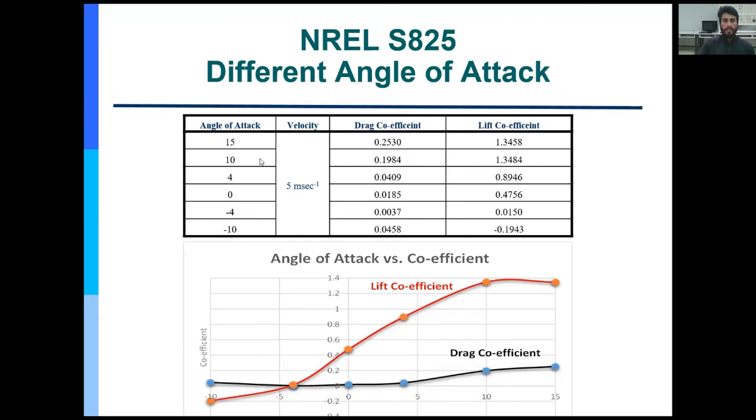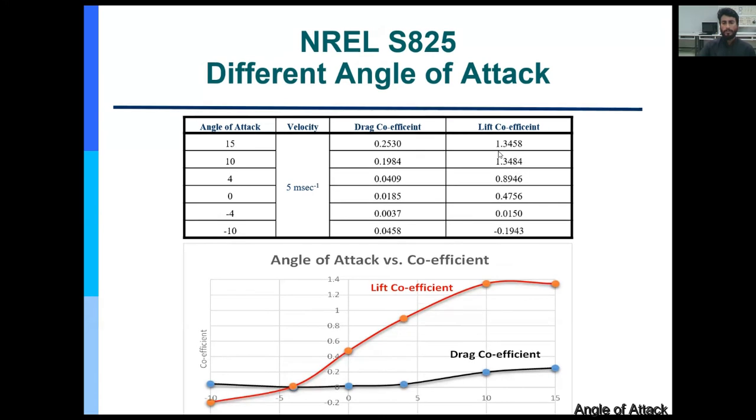And these are the results for NREL S825 at different angles of attack, and the velocity is 5 meters per second. These are the different angles of attack, and these are the lift coefficient values at different angles of attack, but the velocity is constant.